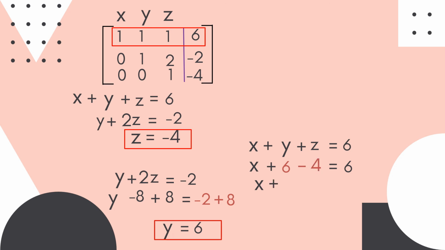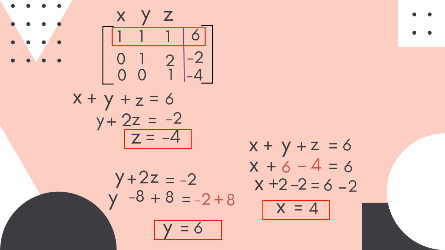Then we're going to eliminate +2 on the left side to find the value of x by adding the additive inverse of +2, which is -2, to both sides of the equation to keep the equation balanced. So x is equal to 6 minus 2, which is 4.